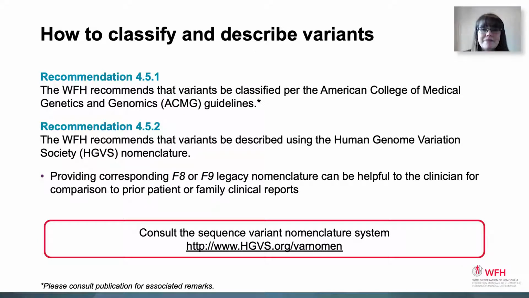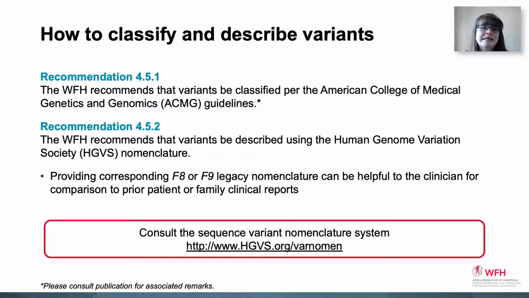These identify variants as either pathogenic, likely pathogenic, a variant of uncertain significance, likely benign, or benign, according to the evidence that pushes that variant towards its being causative of disease or not. The WFH also recommends that variants are described using the Human Genome Variation Society nomenclature, and this is a standardized nomenclature for describing variants so that a variant that is detected in one area can then be interpreted in a different location.